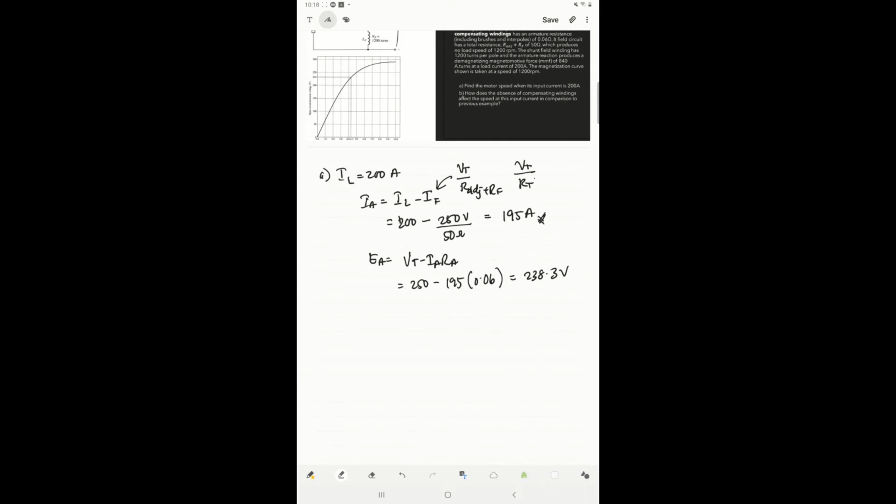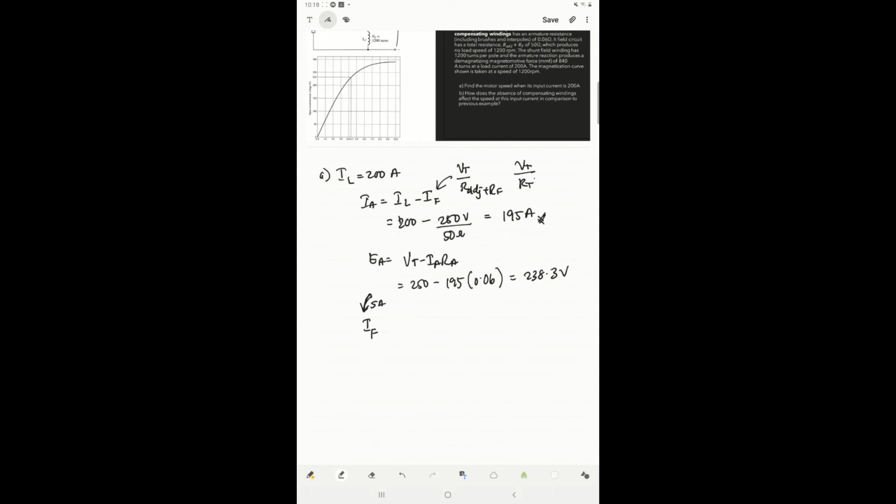With a demagnetizing magnetomotive force, the effective shunt field current will now be different. The field current here is basically 5 ampere if there is no armature reaction.